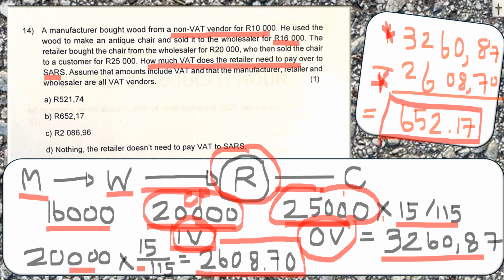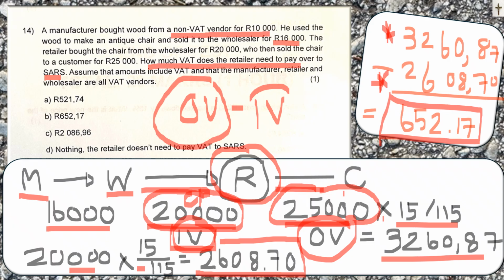Right, this is a long one, but you need to know output VAT minus input VAT gets paid to SARS. Output VAT is the VAT charged to customers. Input VAT is the VAT claimed from buying the stock from a VAT vendor.